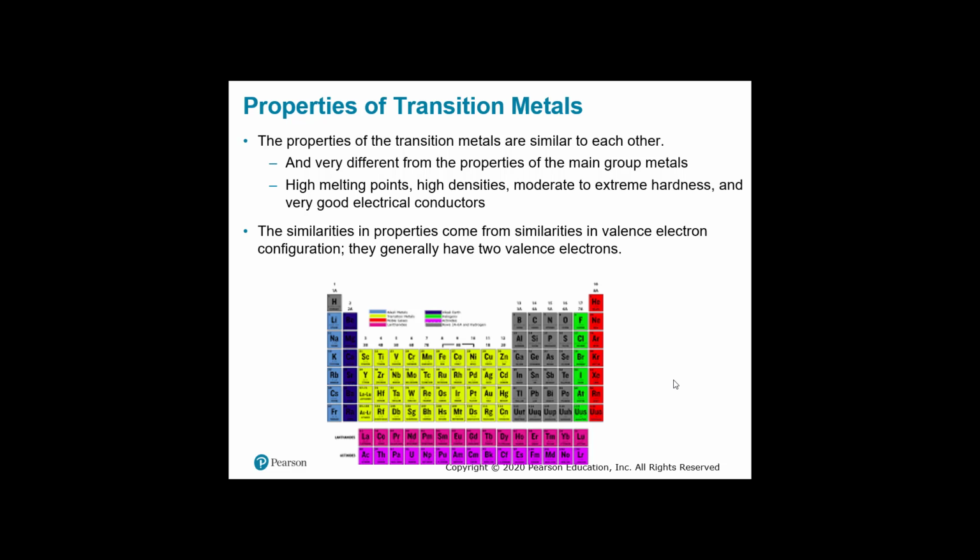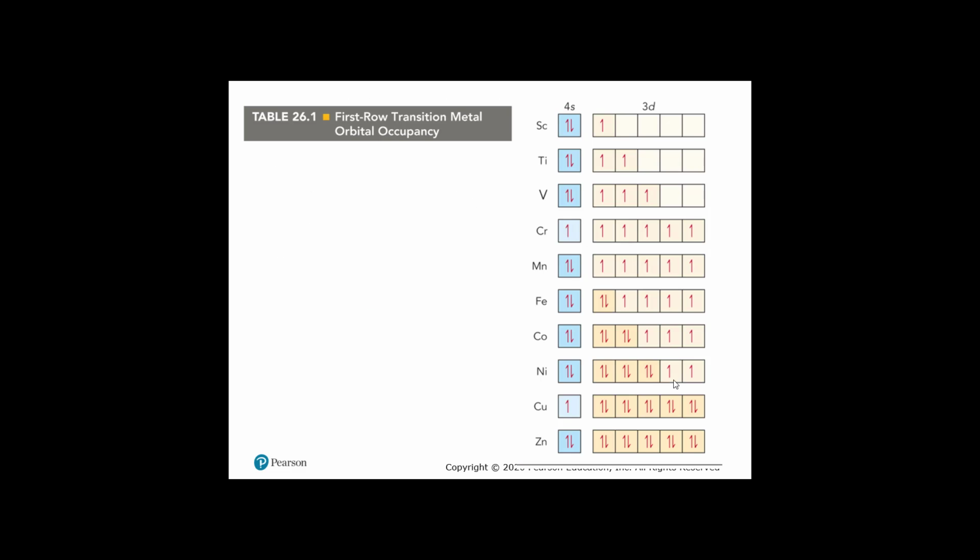The similarities come from similarities in the valence electron configuration, which we're going to go over a little bit. If you remember, hopefully you remember doing this in 110 and I believe 111, but you definitely learned it in 110. This is basically the electron configuration. This is the orbital filling, where you would make these half arrows as electrons and fill them up based on the atomic number. When it's a stable atom, it has the full configuration of electrons.